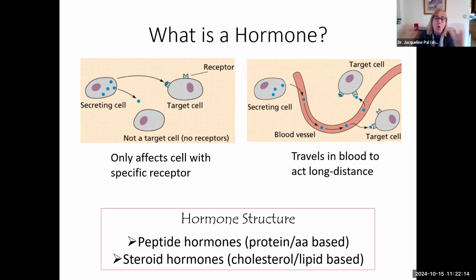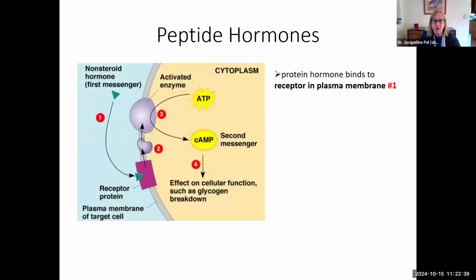So if it's not a whole protein, it's just amino acids, it's still considered a peptide hormone. And then those that are lipid based or cholesterol based are called steroid hormones. So either the hormones are peptide hormones or they are steroid hormones. And what they do when they reach the target cell is totally different from each other. So let's look at that first.